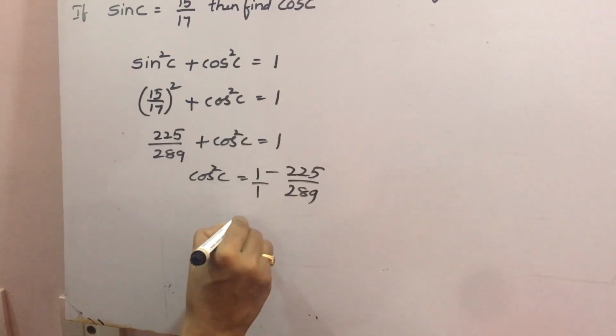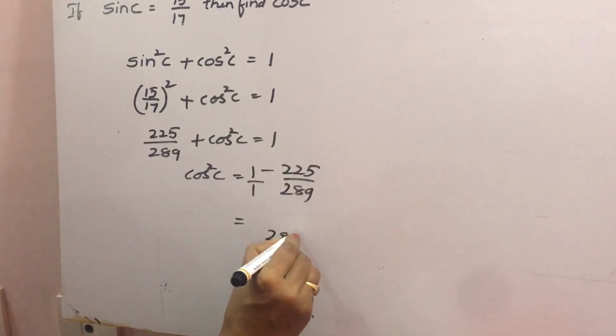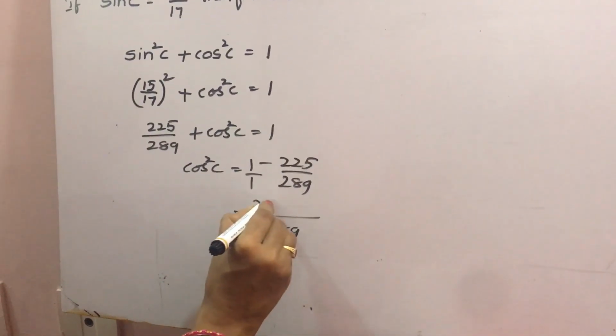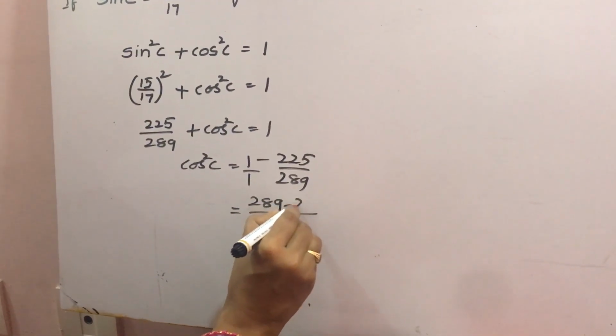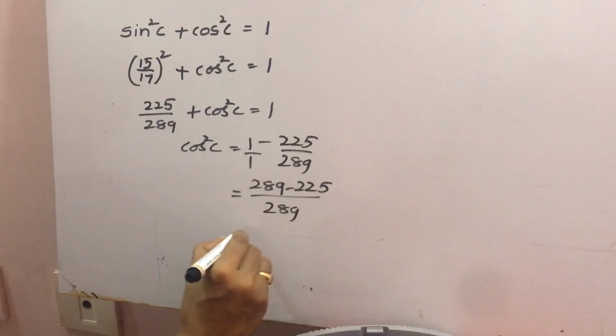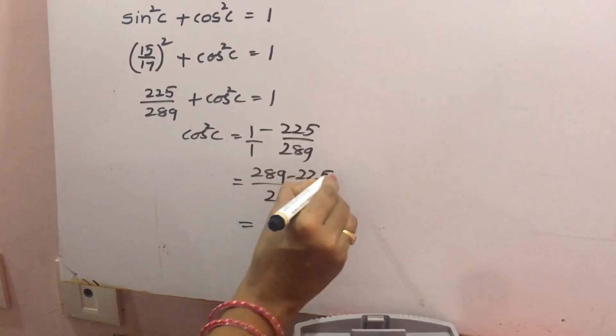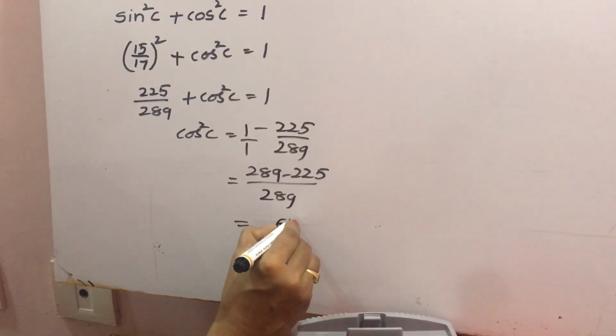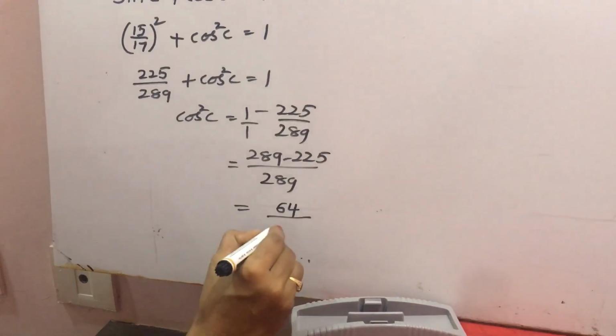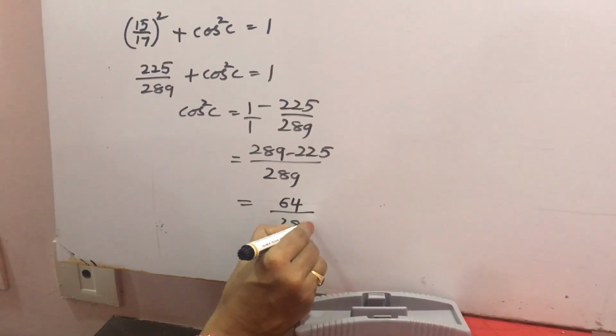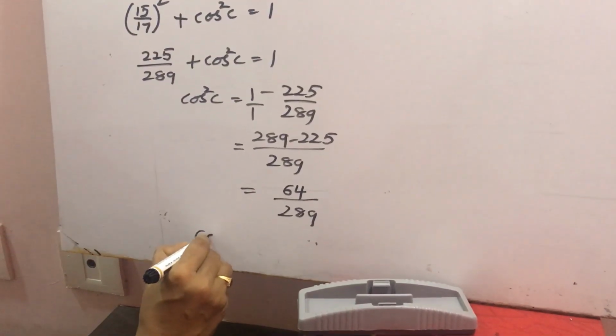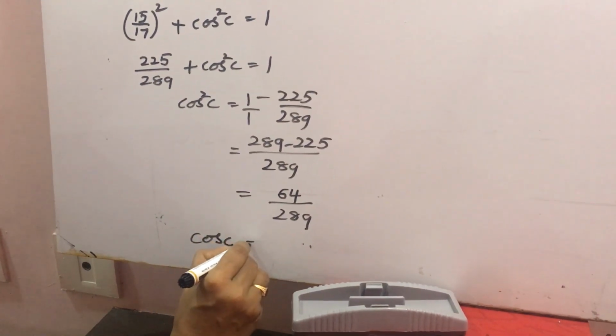If you take LCM, 289 minus 225 is equal to 64. 64 by 289, this is cos square C. Cos C is equal to, how can we find out?